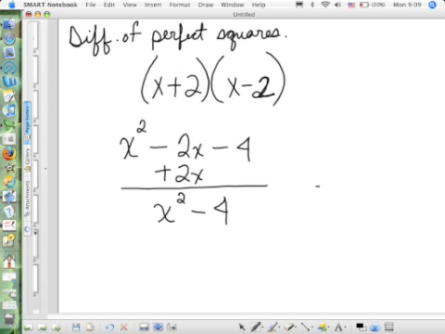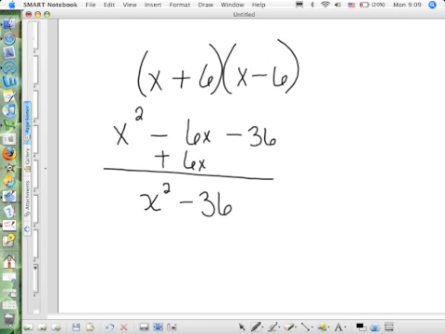The square of x and the square of 2. And it's the difference between these two numbers. Okay? Because we have to subtract 2x and 2x to make 0 here. And we have to multiply negative times positive to get that negative there. Look. X squared, 6 squared, and it's subtracted.